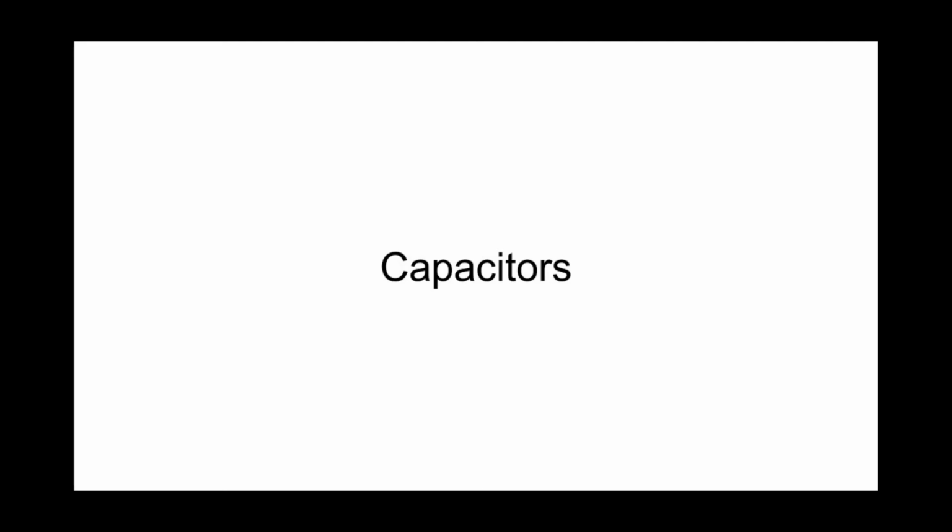Let's get into capacitors. The symbol for a capacitor is pretty straightforward, and it kind of represents what's going on under the covers. We have all of these electrons stored up on this side, and it pushes away the electrons on the other side, so we get a bunch of holes. And this leaves us with a net voltage storage, kind of.